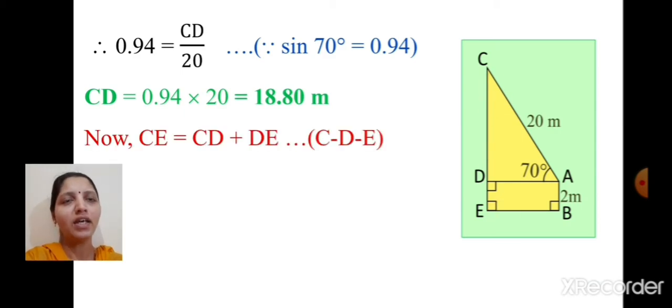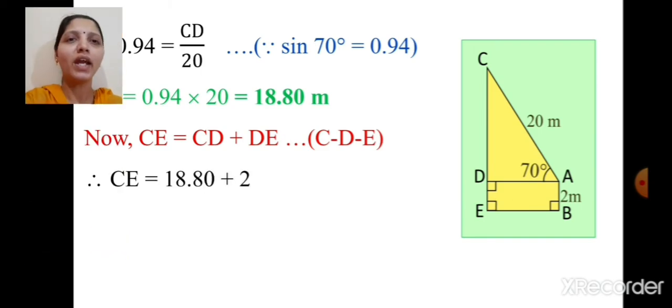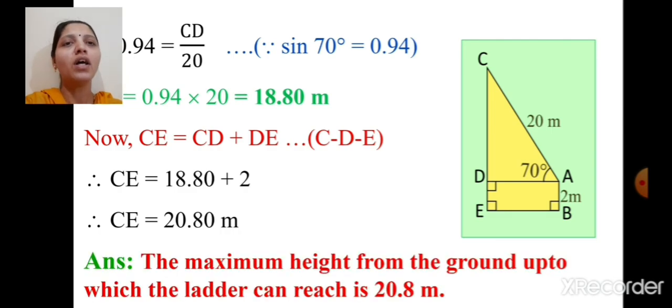So CE is equal to CD plus DE. Therefore CE is equal to 18.80 plus 2, that is equal to 20.80 meters. So the maximum height from the ground up to which the ladder can reach is 20.8 meters.